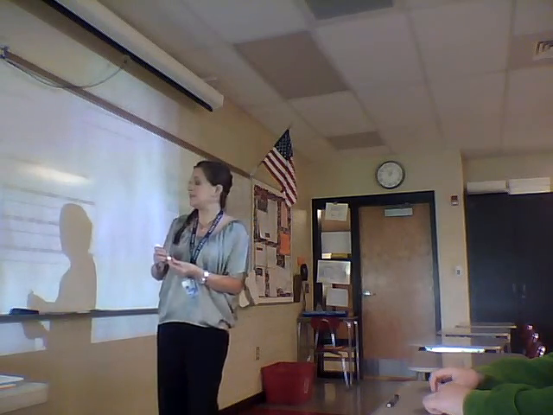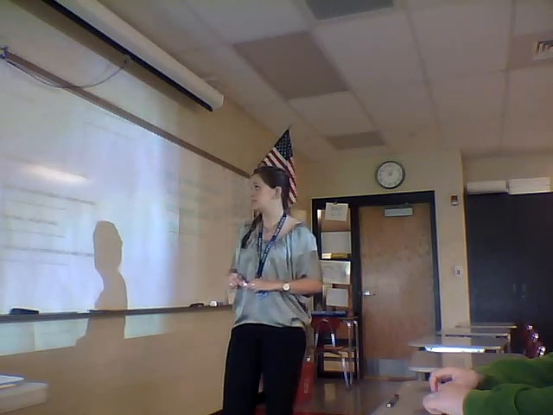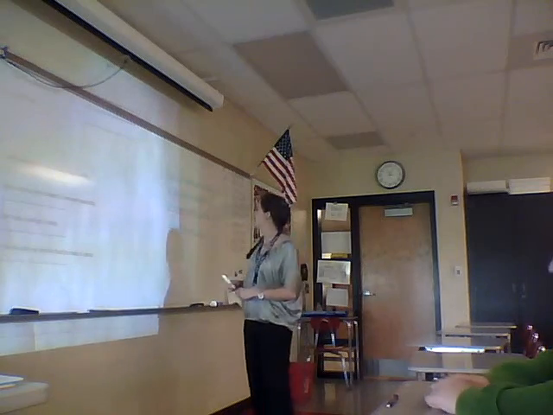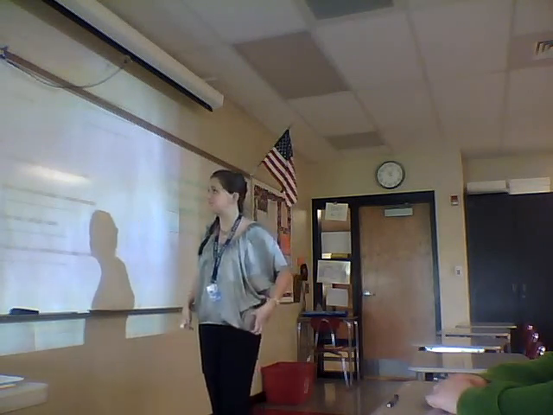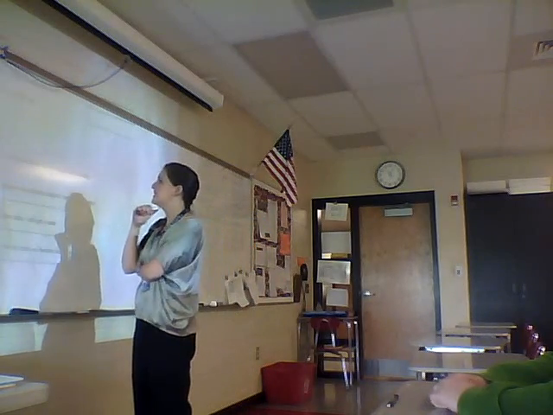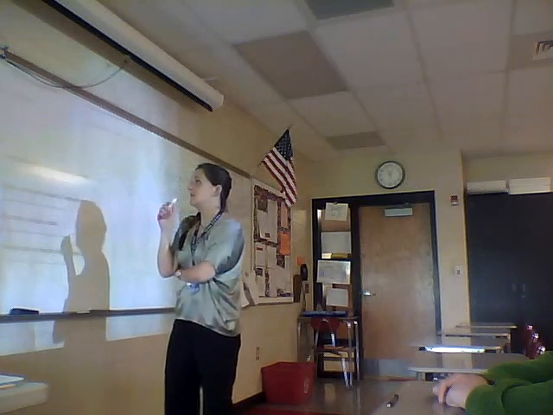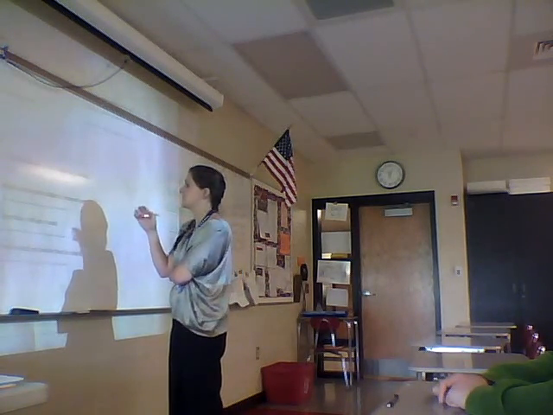So will you read number 1 with me? Ready? I went to the gym. It was closed for the cleaning. Very good. So first, I'm going to be looking for 2 independent clauses. So I'm going to ask myself, are these both independent clauses? I went to the gym. That can stand as a sentence, so I know that that is. The next one says, it was closed for cleaning.